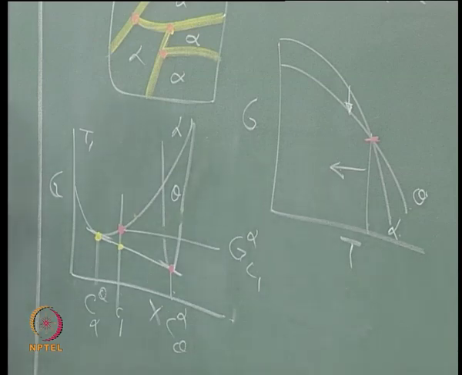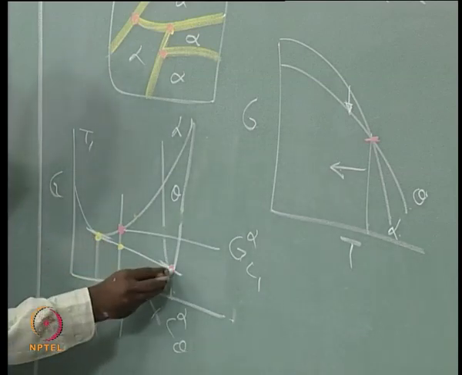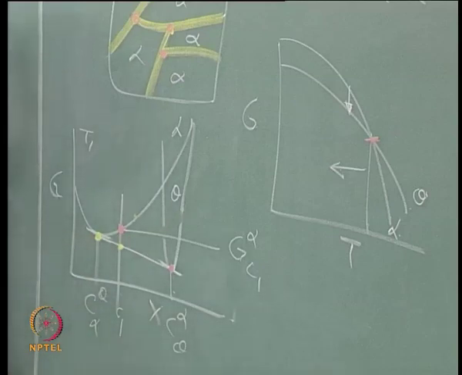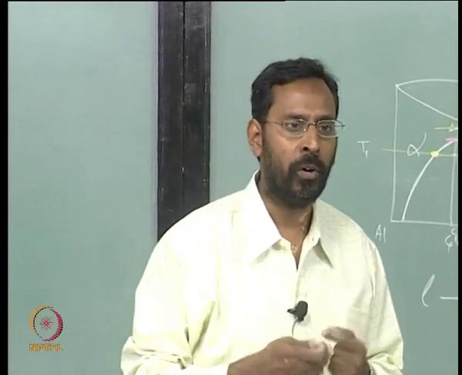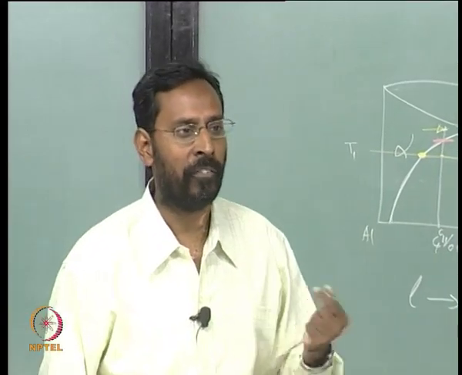The free energy of alpha is this, the free energy of theta is that, and a line joining the two is like a rule of mixtures. This is what you do in composites. For example, I know the strength of the matrix and of the precipitate or second phase, and to know the strength of the composite, I simply draw a line joining the two and call it a rule of mixtures.